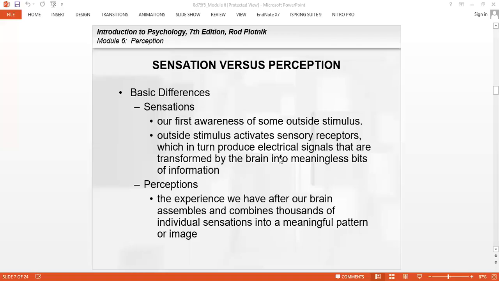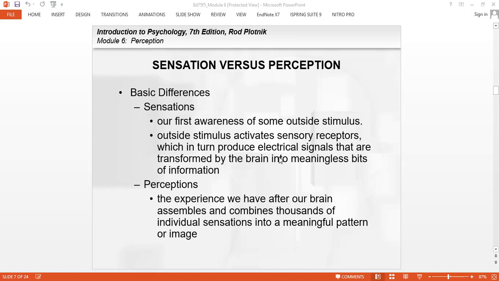If we move further, I explained to you in detail about sensation, and now you can say that it is our first awareness of some outside stimulus. Something external touches the body, so you feel it, and then your brain transforms it into meaningless bits of information.